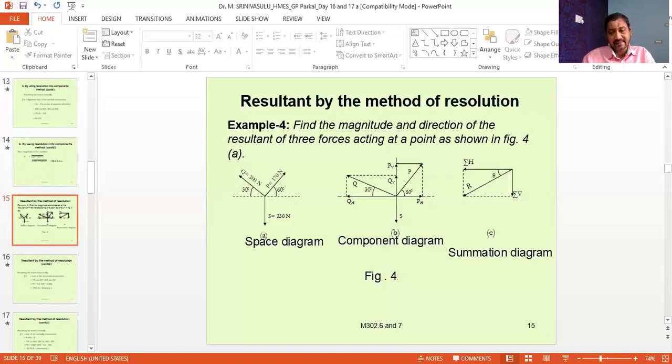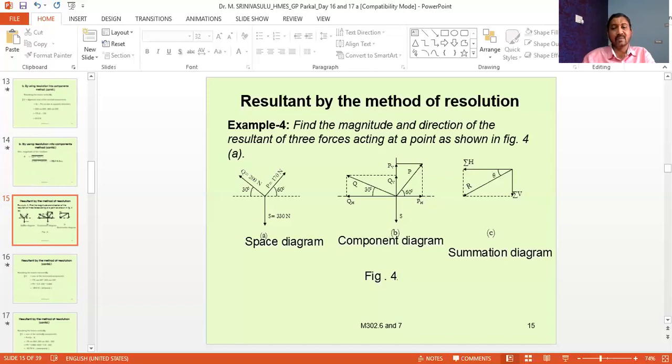In this component diagram, the same forces that are acting on a particle, which I have shown in the space diagram, are redrawn, and in addition we have to resolve each force into its horizontal and vertical components.